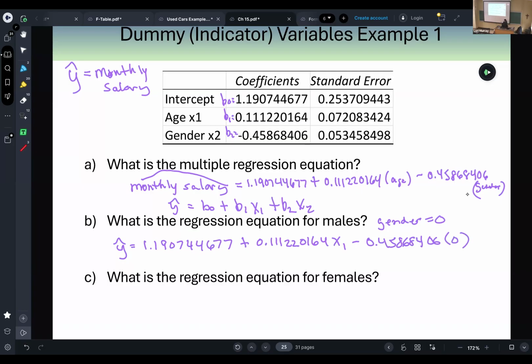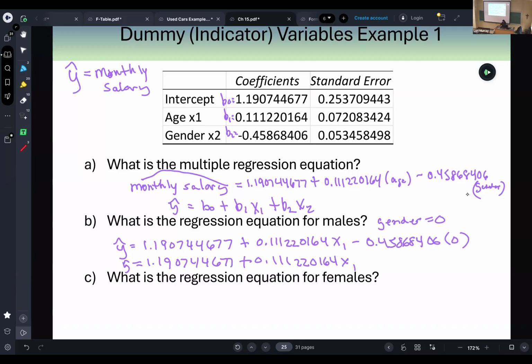So that's gone, and it just boils down to this. That's the equation for the males.